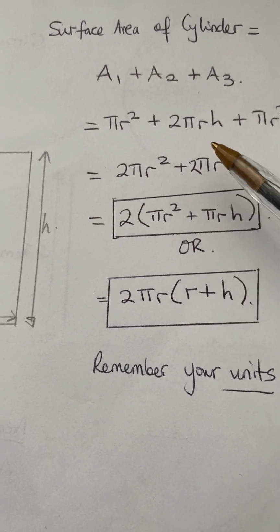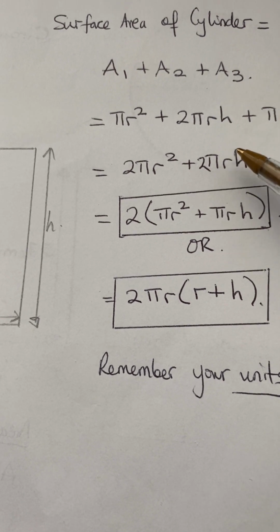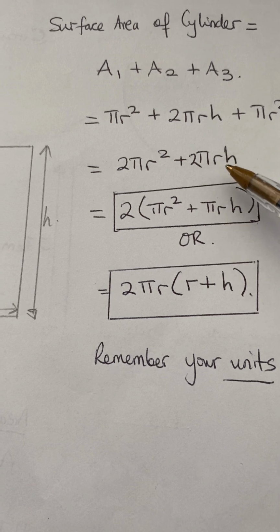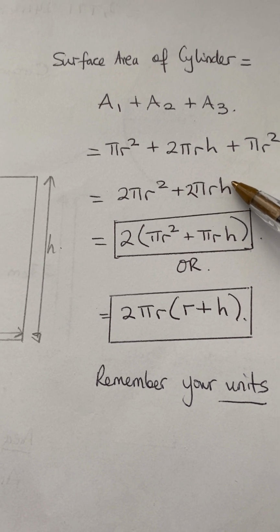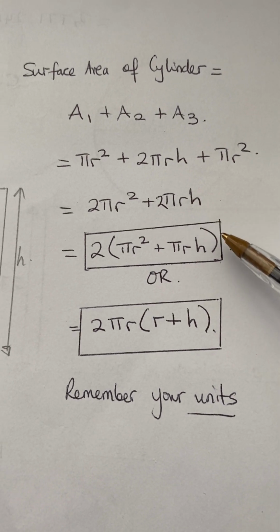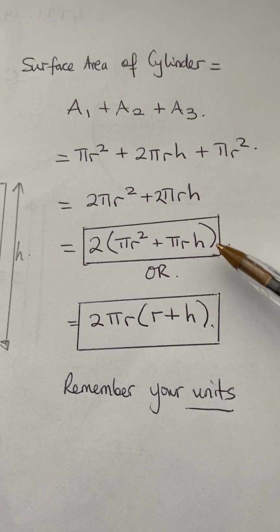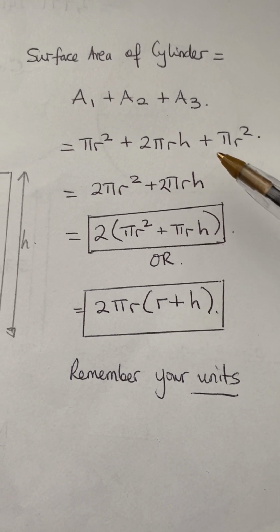So whichever way, you see the surface area of a cylinder either as this or as that.